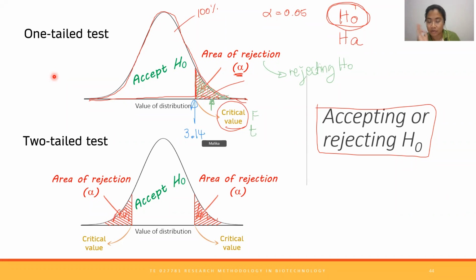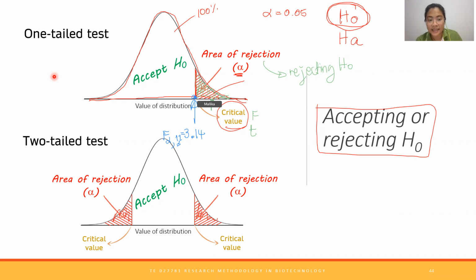This is a made-up value. Based on your data, you also calculate F, with the appropriate degrees of freedom.